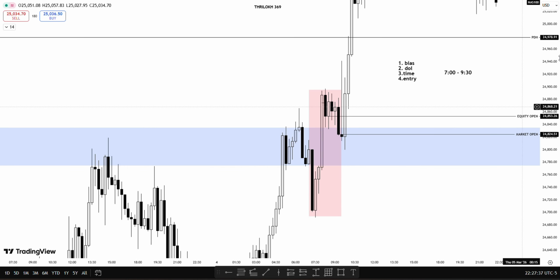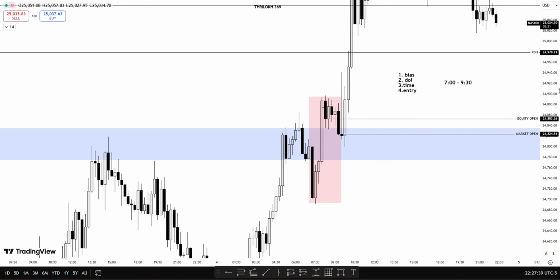We know the buy day, the Wednesday is a buying day, so the draw on liquidity can be the previous day's highs, Monday's highs, or last week Friday's highs. The highs are the major ones because those are the orders of the retail traders who were selling from Monday.